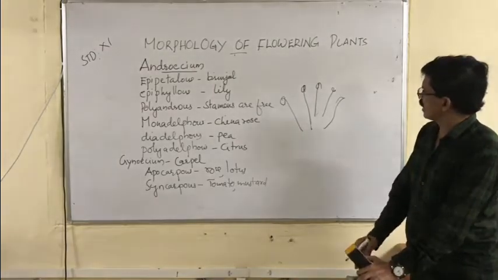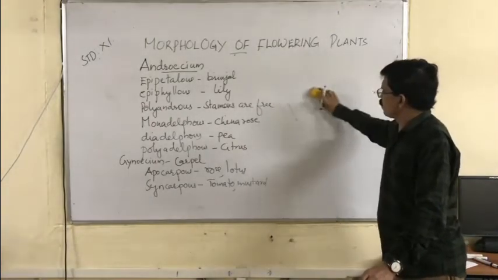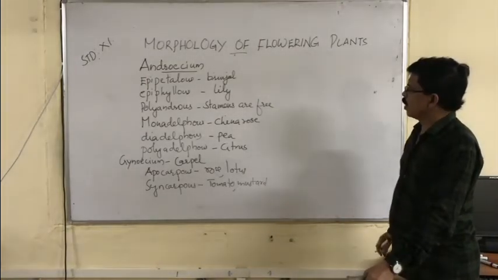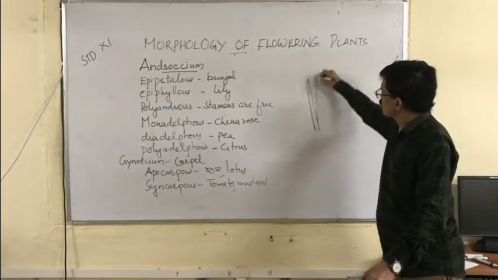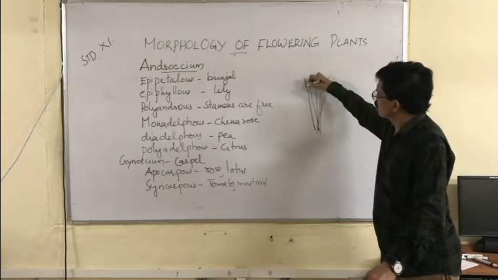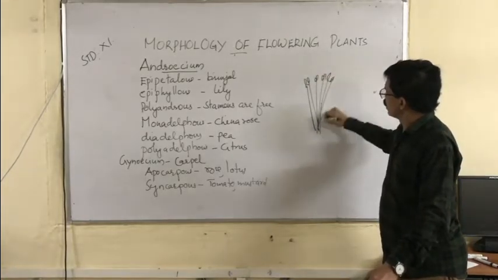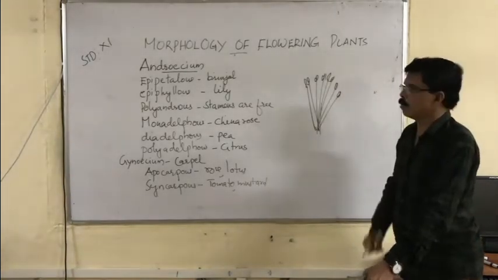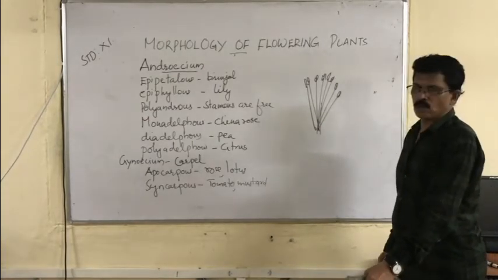Now, another term associated with it is monadelphous. What is monadelphous? In monadelphous stamens, all the stamens are in a single bundle. We cannot individually separate them because it is a single bundle. Such stamens can be seen in China rose.